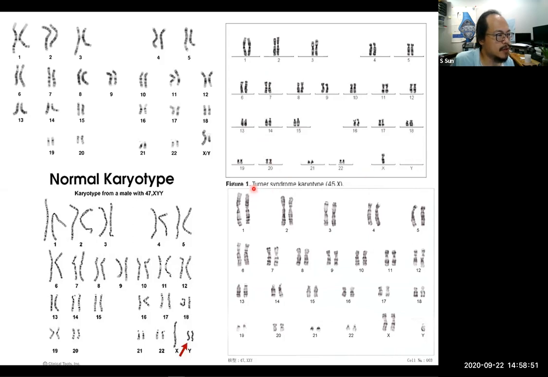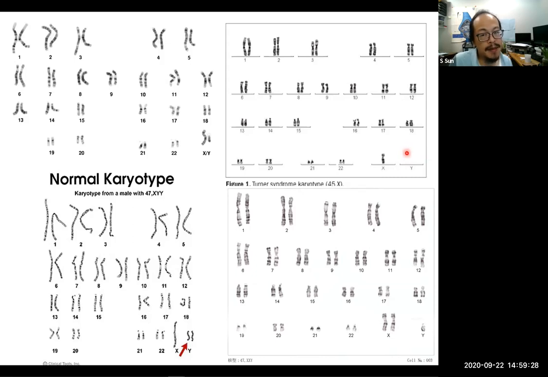This one is called Turner syndrome. It's also called 45,X. It means that typically we have 46, 23 times 2, right? Here we have 45, and the missing part is X. So we write 45,X. We can also have another two types. This one affects females because it doesn't have the Y, so it doesn't have the SRY.